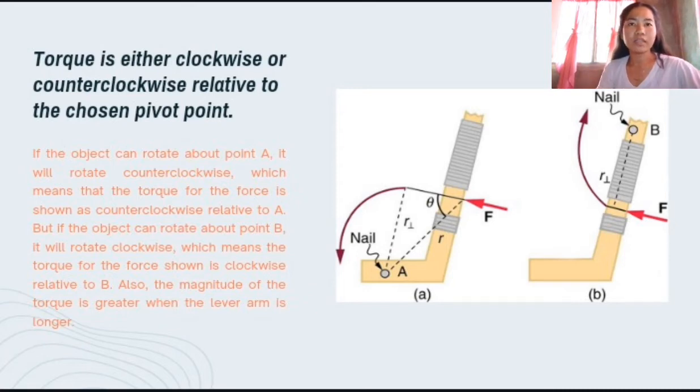If the object can rotate about point A, it will rotate counterclockwise sa point A, which means that the torque for the force shown is counterclockwise relative to A. But if the object can rotate about point B, it will rotate clockwise, which means the torque for the force shown is clockwise relative to B. Also, the magnitude of the torque is greater when the lever arm is longer. So dako ang value sa torque kung dako ang lever arm niya.